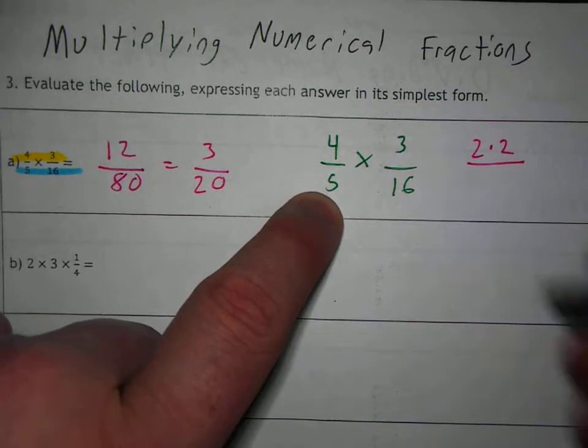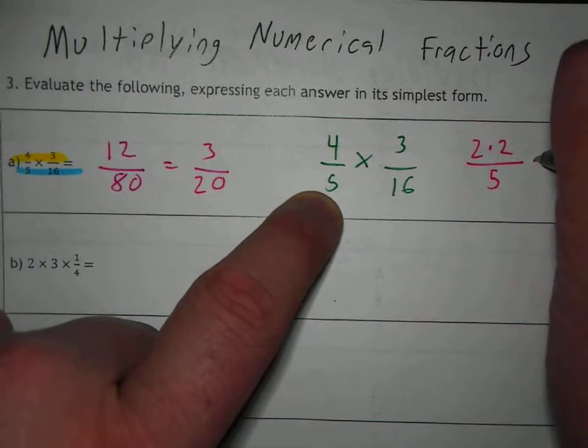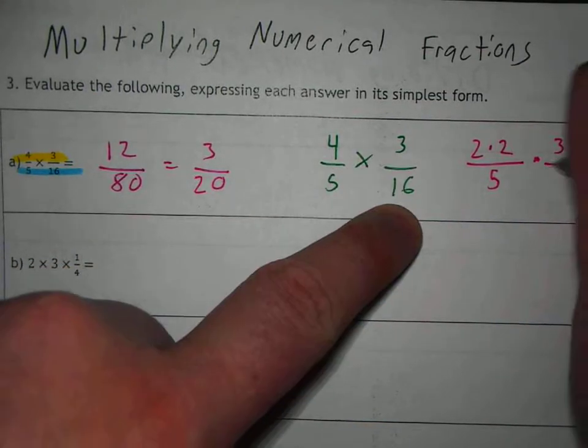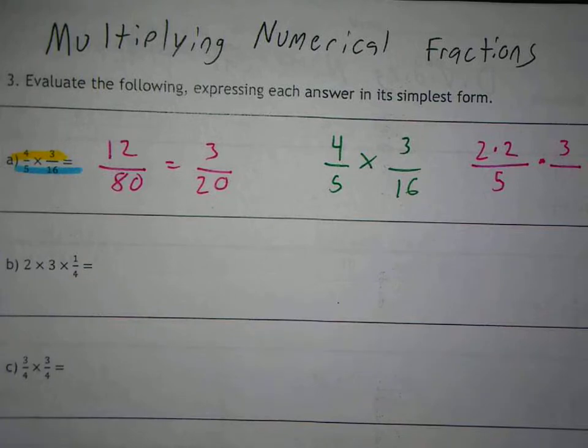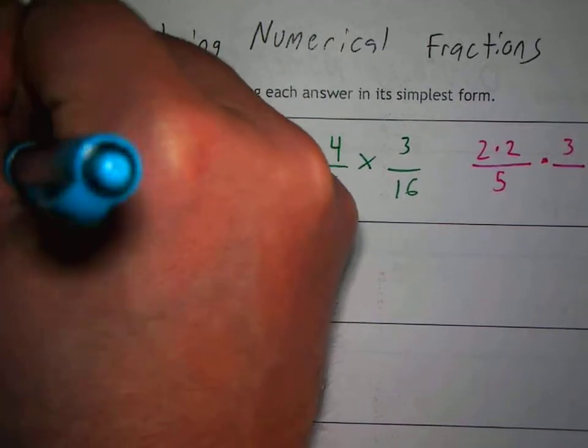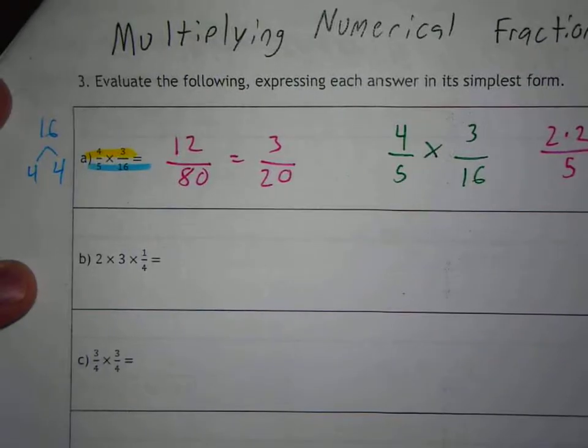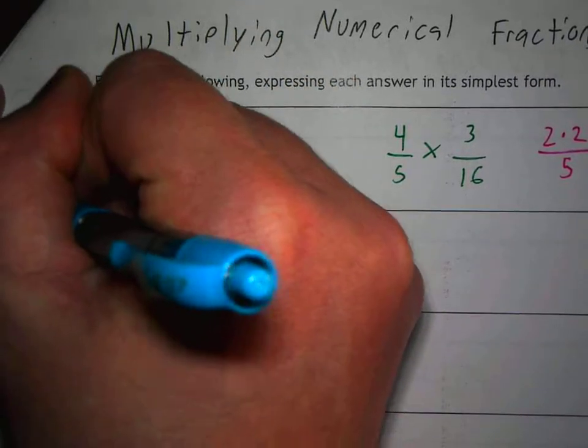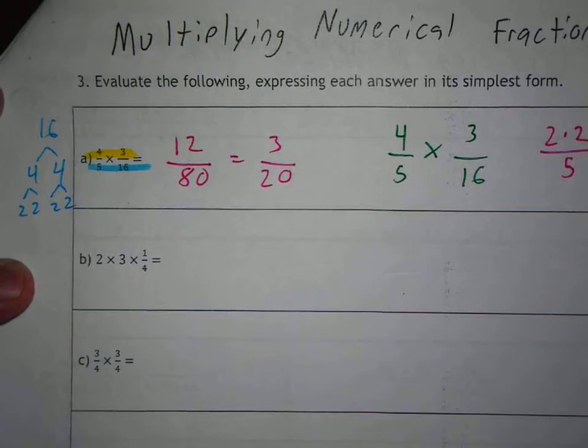And 5 is just 5, right? And then 3 is just 3. And then 16 is 4 and 4. Right? And 2 and 2 both times. Right? So 4 2s.